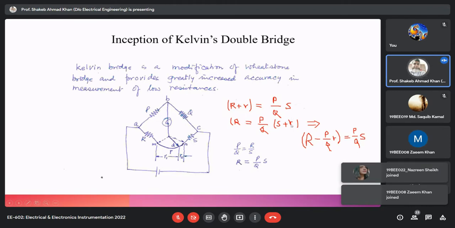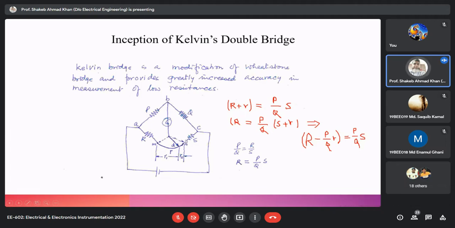And obviously it is not possible to measure this small resistance r, which represents the lump resistance for the wire and contact, because it is a distributed resistance.